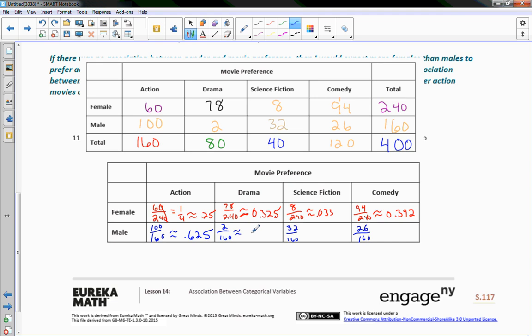And 2 out of 160 is 1 out of 80, and that is 0.0125. And 32 out of 160 comes out to be 0.2, and 26 out of 160 is 0.1625.